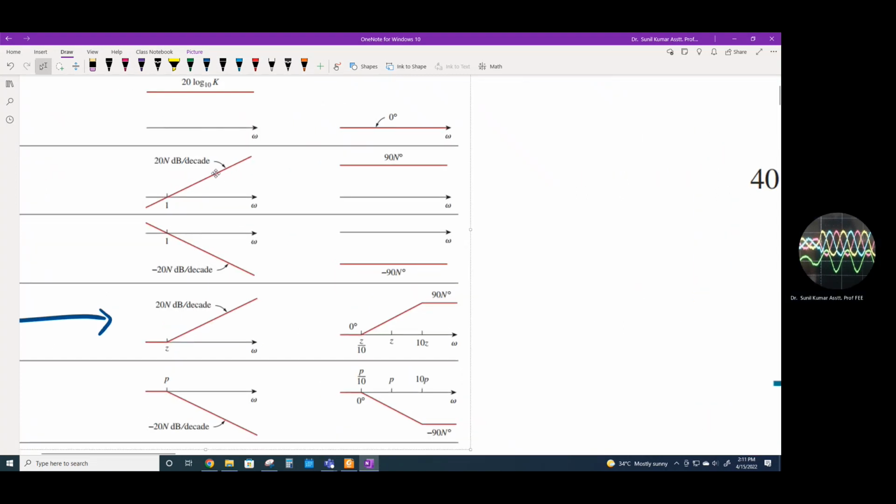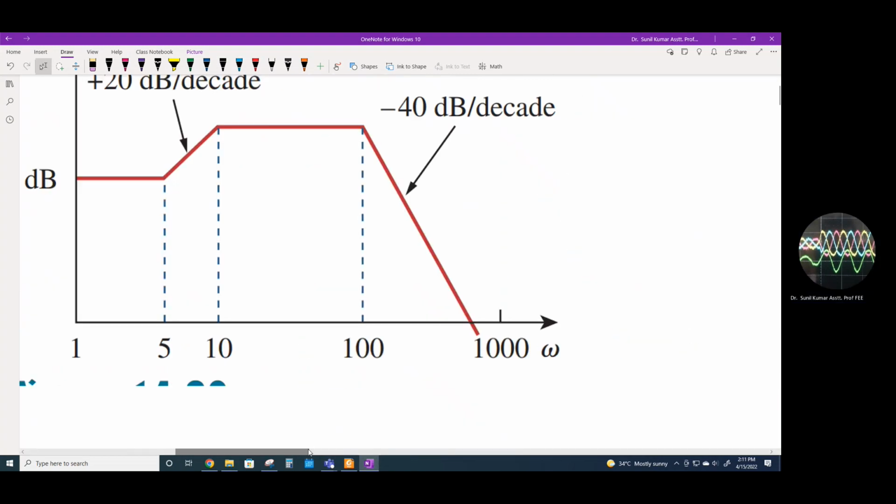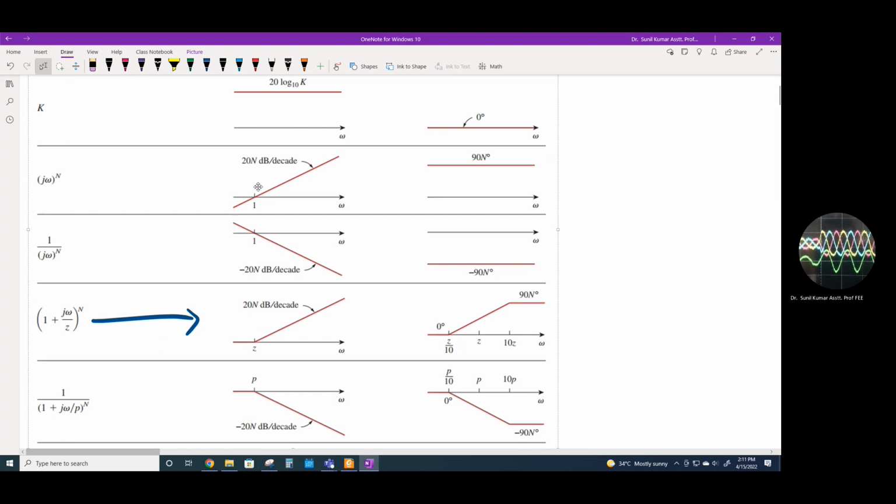Okay, we cannot relate that line with this one because at 0 the slope is changing, but here in this second factor the slope is constant throughout.